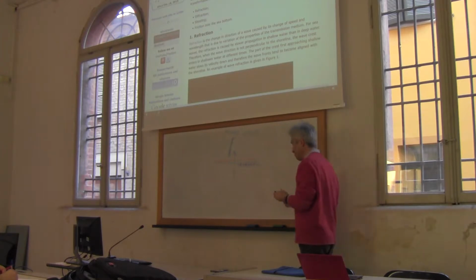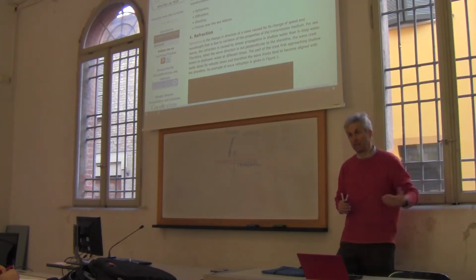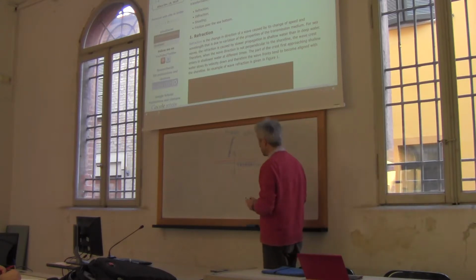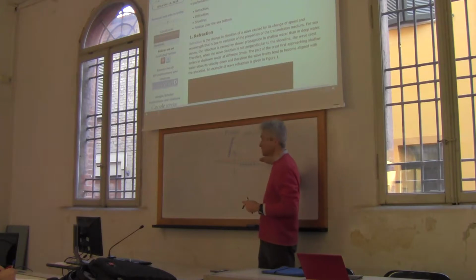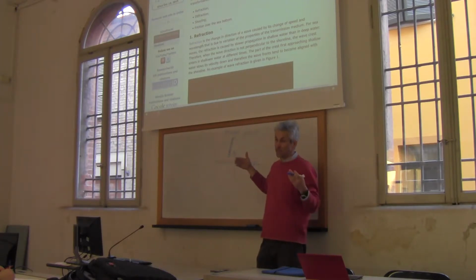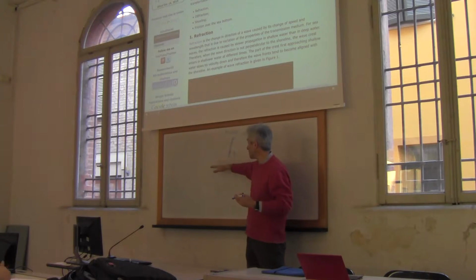Okay, so at a certain point, the wave starts interacting with the sea bottom, as I said. And this interaction, if I look at the transversal direction, doesn't occur at the same time. We have interaction that starts, first of all, here, and later on there. So what is the effect?